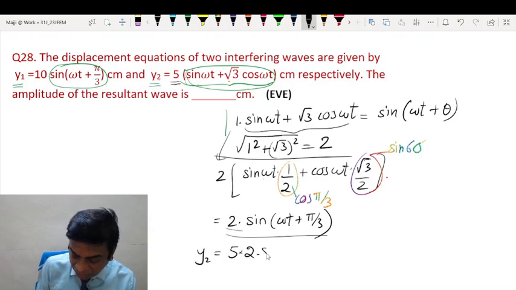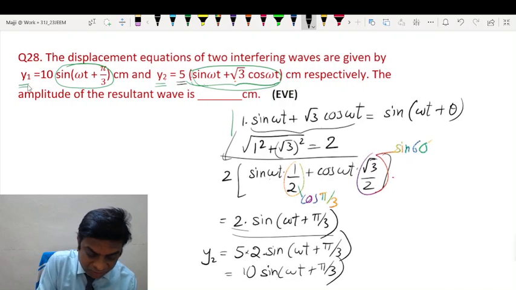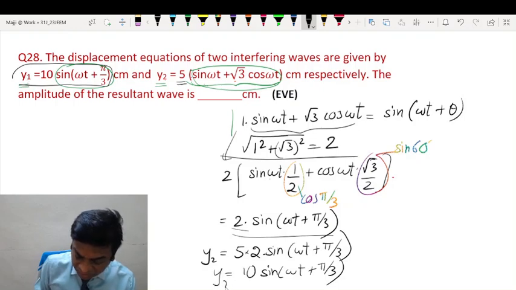So 5 into 2 into sin omega t plus pi by 3, which is 10 times sin omega t plus pi by 3, which is same as this y1. See, y1 and y2 are essentially the same thing.